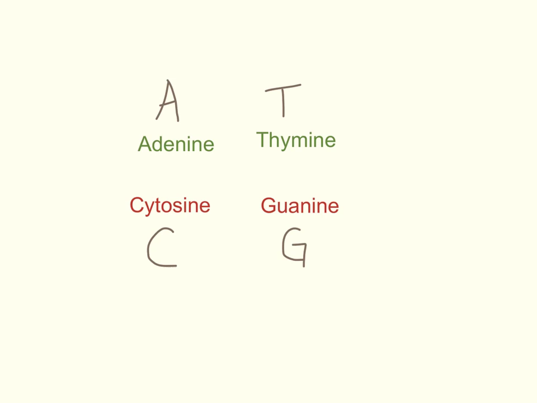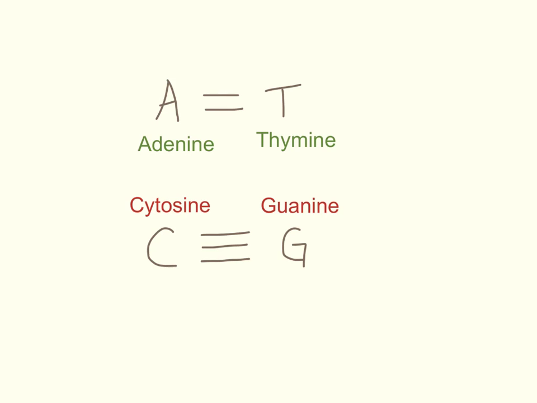Now these also form different numbers of hydrogen bonds between them. As you remember from a previous slide, there are hydrogen bonds between the two bases. So A and T have 2 hydrogen bonds, so I always remember AT2, and C and G have 3 hydrogen bonds, so CG3.